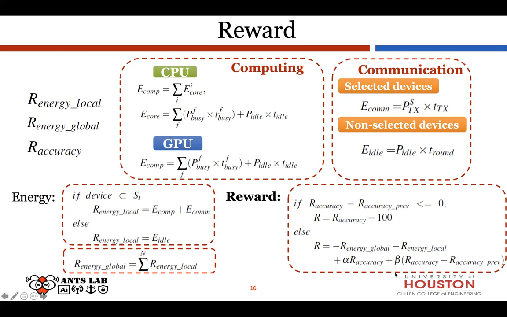How can you put the energy global and local somehow with the same scale? The reward function is for each device? For each device. Each device needs to learn that. Yes. And they adjust their policy, DVFS policy locally, right? But the server is going to select the user globally. Yes.